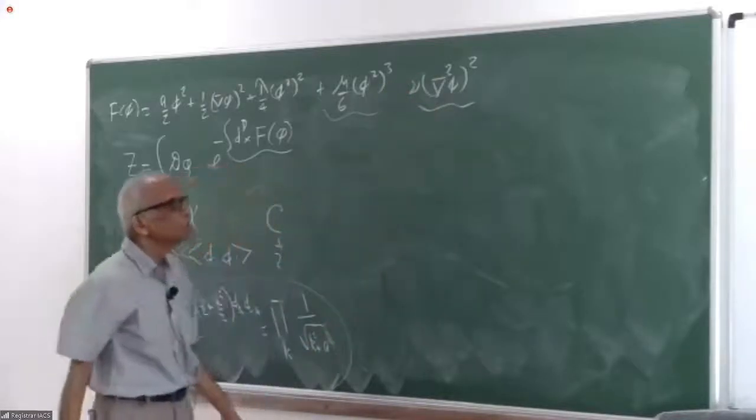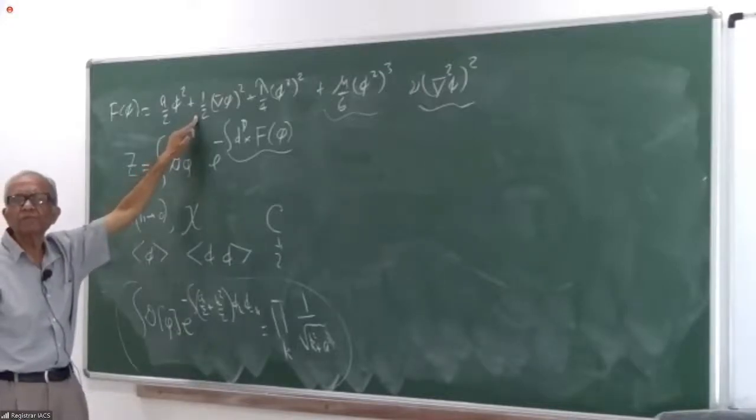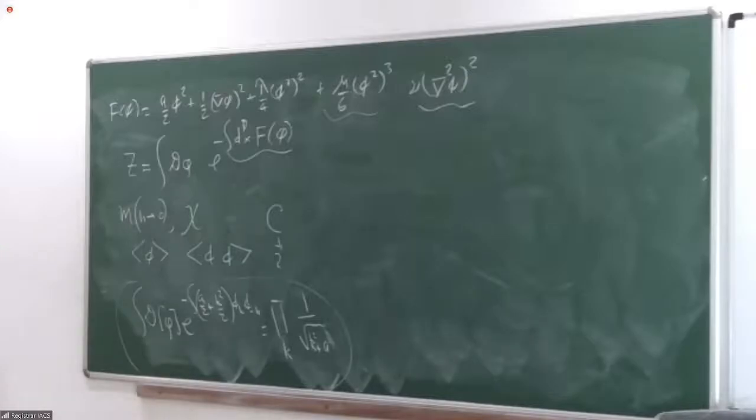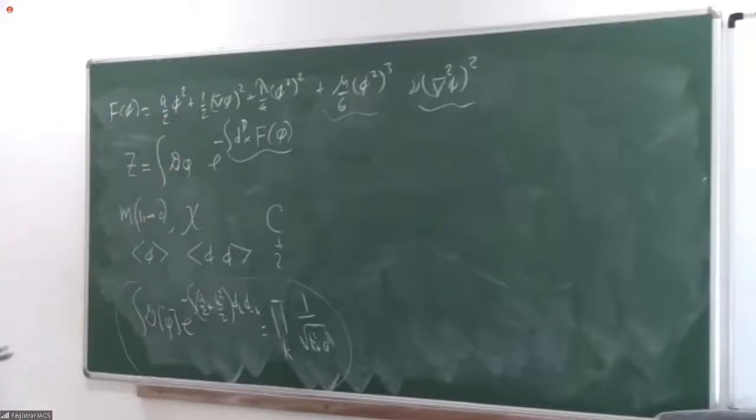One of the coefficients I can always take to be unity by a rescaling. So a rescaling can set one coefficient, and then relative to that, all the other coefficients work. So conventionally, we just set this to be 1, and we look at the terms which are.